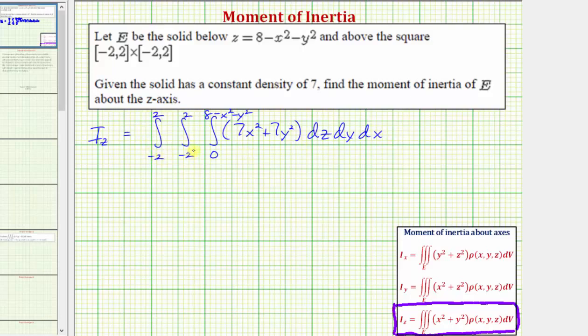And now we first integrate with respect to z, treating x and y as constants. So the antiderivative with respect to z is just going to be 7x squared plus 7y squared times z.